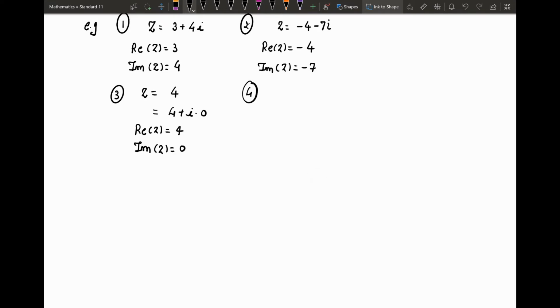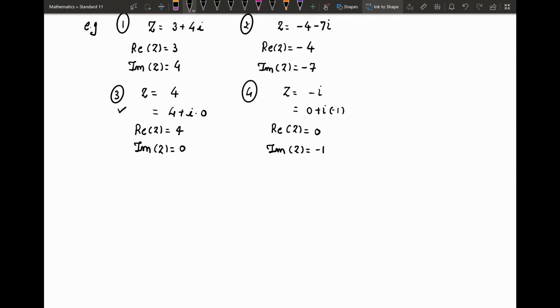This is also known as a pure real number. Similarly, in the case of z equal to say minus i, this can be written as 0 plus i into minus 1. So in this case, the real part of z is 0, while the imaginary part of z is minus 1.